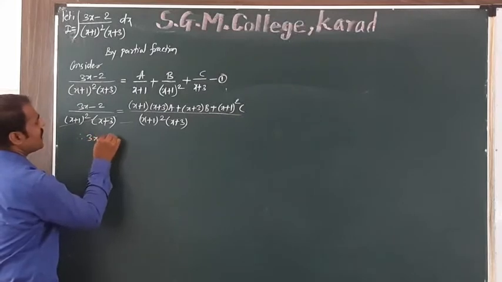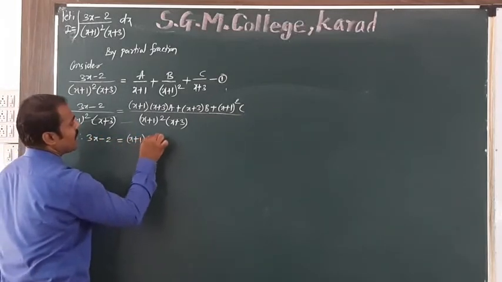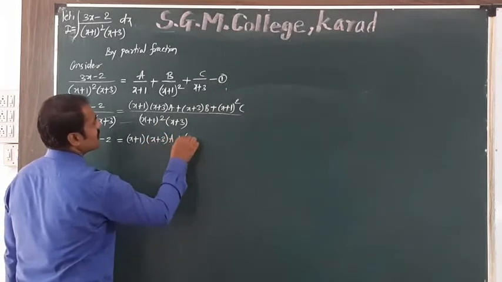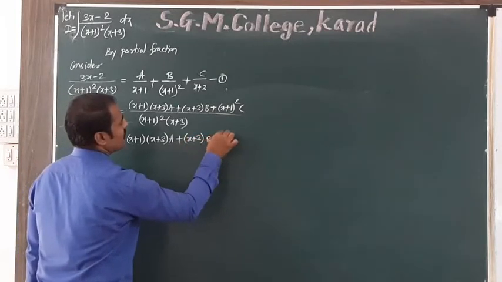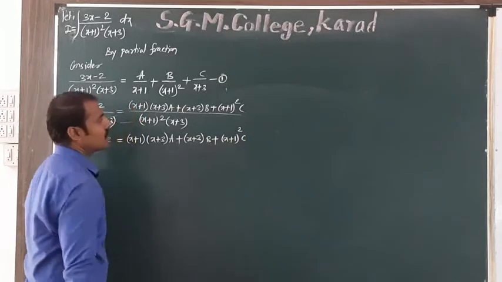Therefore 3x - 2 is equal to (x + 1) into (x + 3) into A, plus (x + 3) into B, plus (x + 1) squared into C.